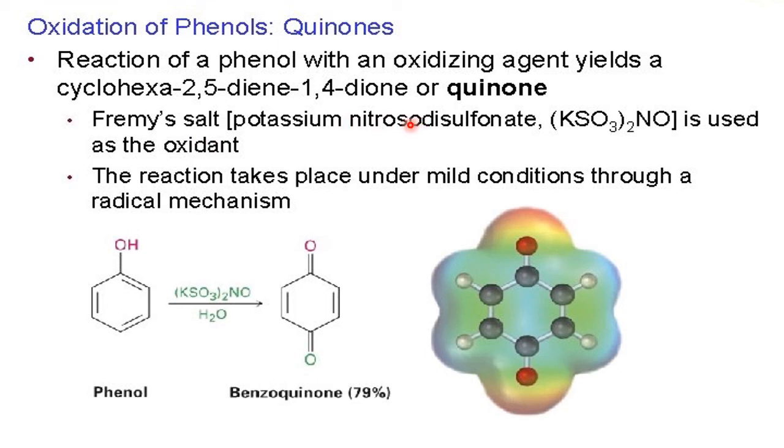This will give very good results. If you get this chemical in the market, you can go for the oxidation of phenol. If you find it costly, then you can go for sodium dichromate also. Sodium dichromate is second place. Go for Fremy's salt first; if not, you can go for sodium dichromate. Ultimately, we get phenol to benzoquinone.